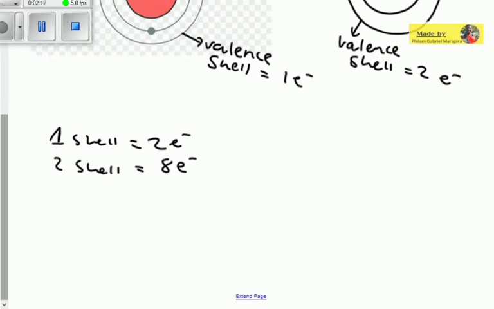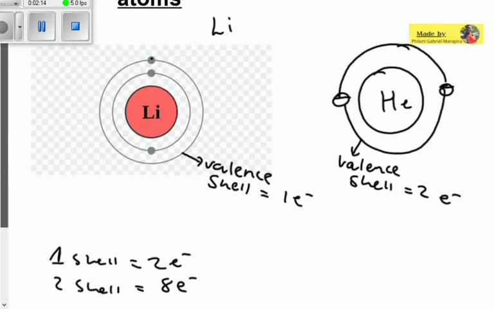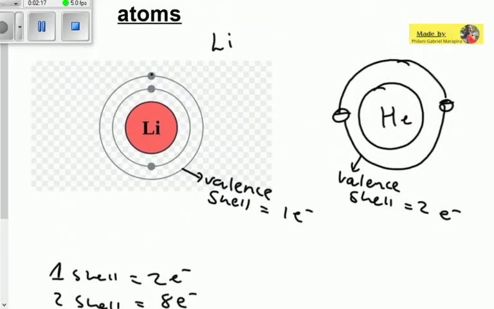So if we check here, you can see the second shell, or the second orbital. Remember, the orbitals are these rounded things. This is the first one, and this one which I marked in red is the second one. The second one for lithium is supposed to fill in basically 8, because it is the second shell.